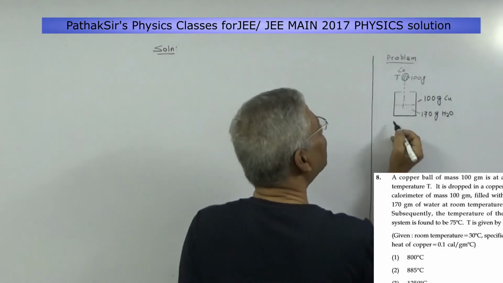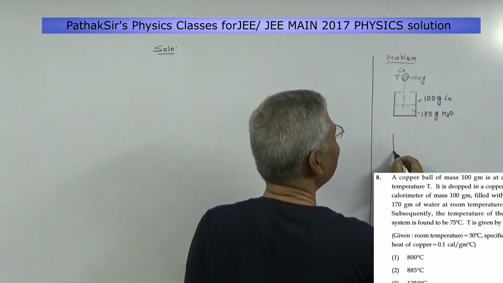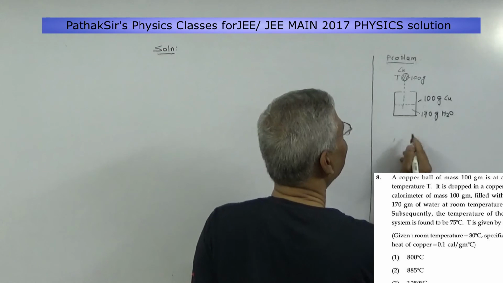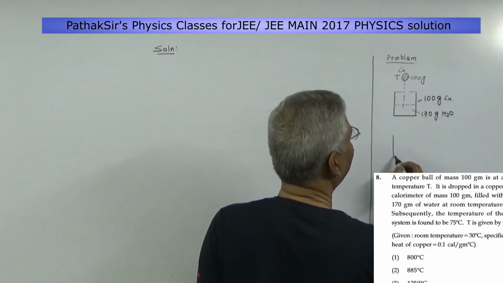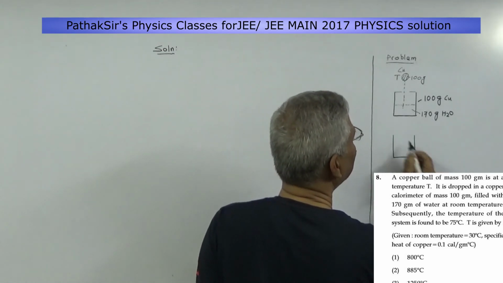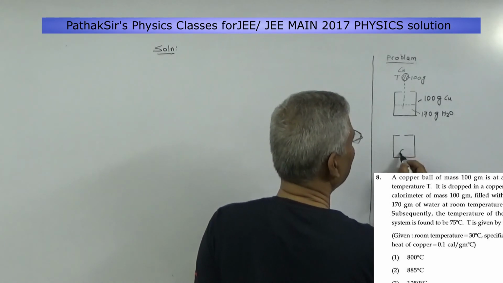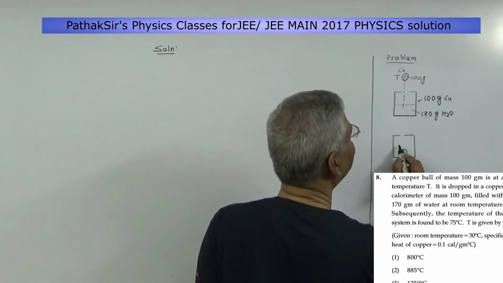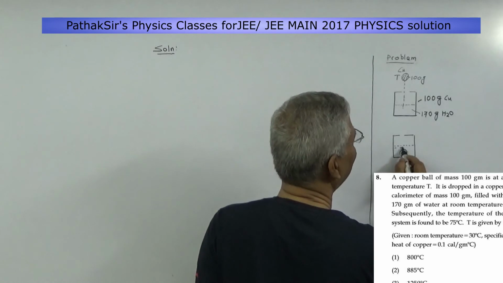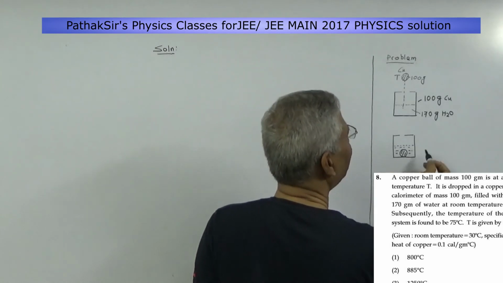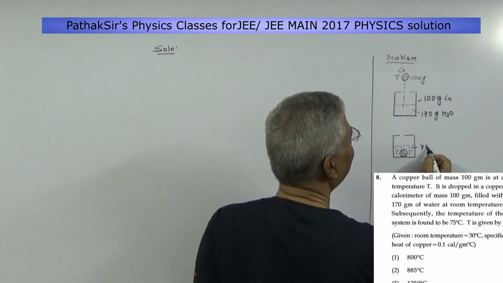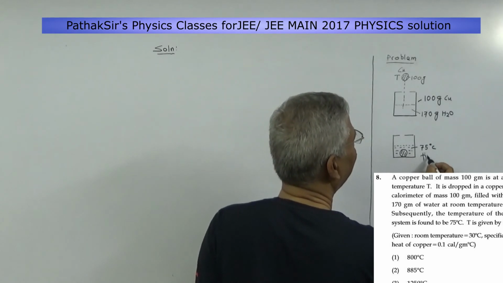A final temperature is given, how much? 75 degrees. So the final equilibrium temperature, with the ball gone underneath the water, is 75 degrees centigrade.